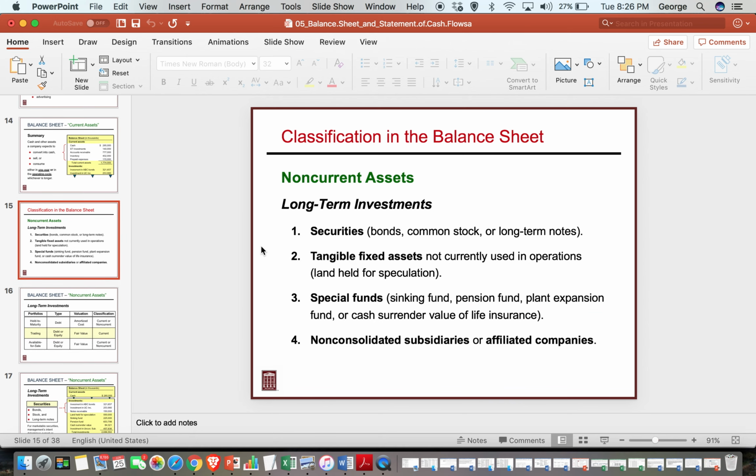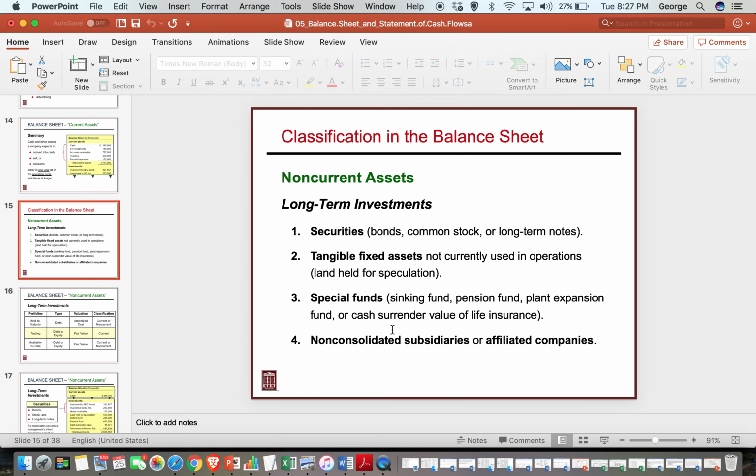Long-term investments could be bonds longer than a year, common stock, long-term notes. Tangible fixed assets not used currently in operations are also included. A good example is land that they're holding for speculation or for investment purposes.